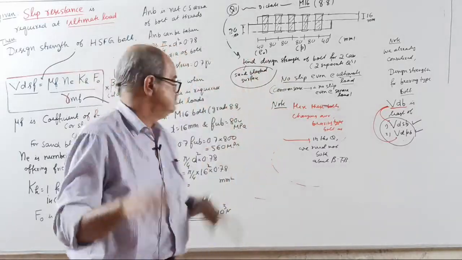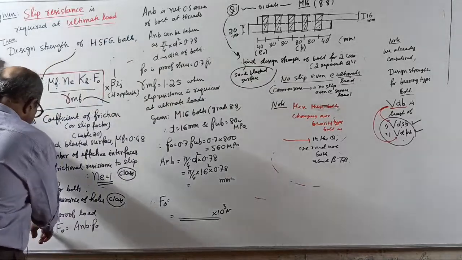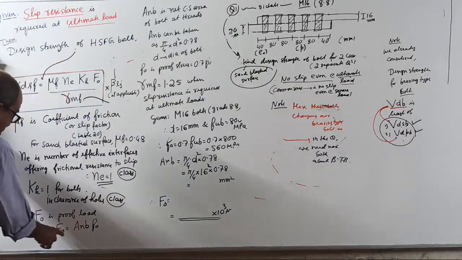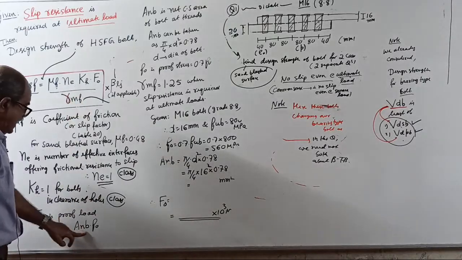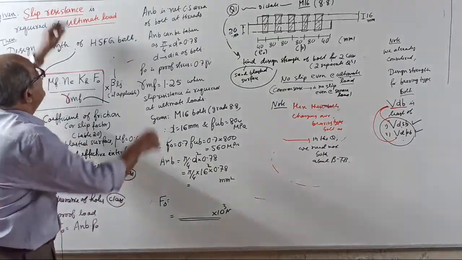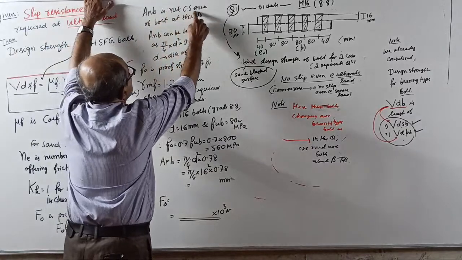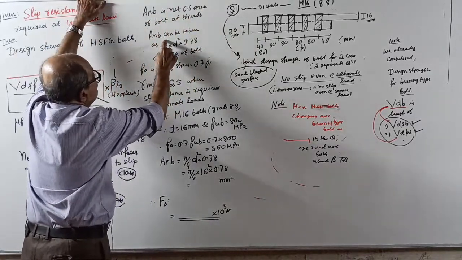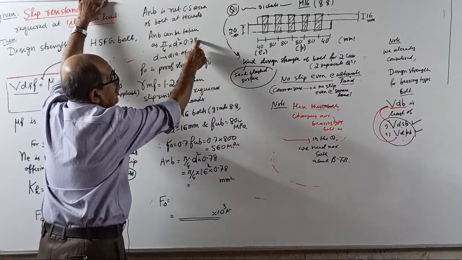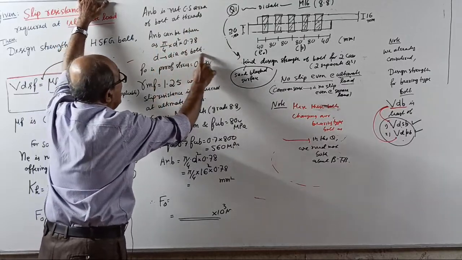Write everything. Then F0 is the proof load. F0 equal to A_nb into f0, all this is given in IS code. A_nb is the net cross-sectional area of the bolt at threads, that is pi by 4 d square into 0.78, where d is the diameter of the bolt.